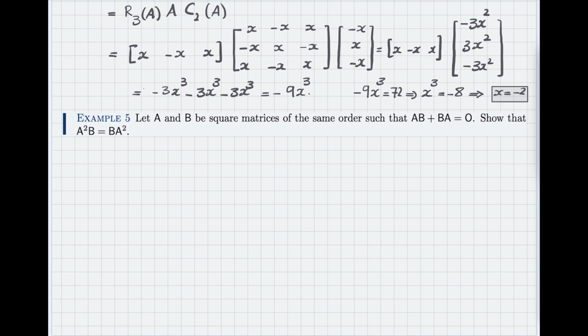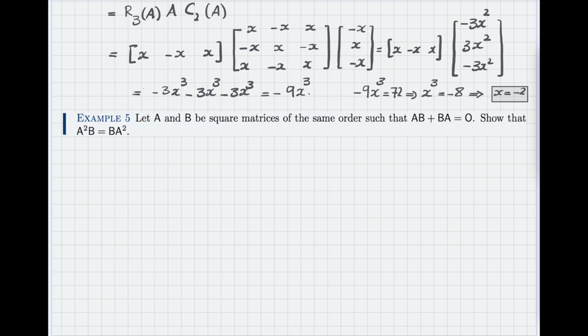Another type of problems are a little bit more theoretical. Let A and B be square matrices of the same order, and we don't know anything about these two matrices unless we know that AB plus BA is equal to the zero matrix. So you see that these are not commuting matrices because AB is not equal to BA, but the sum of them is the zero matrix.